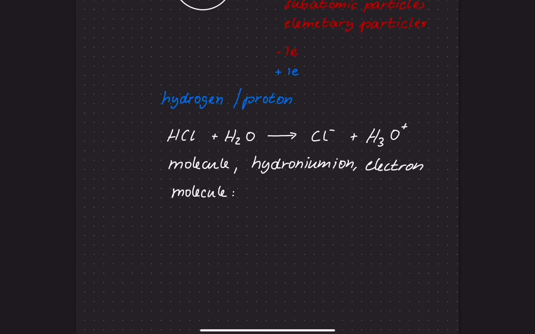Molecules are groups of atoms held together by a chemical bond, and that chemical bond can be an electron pair.